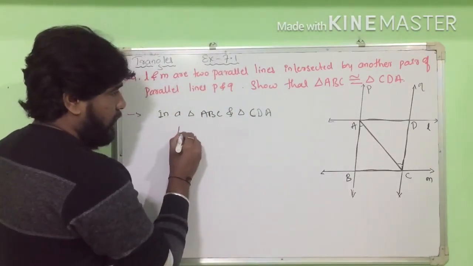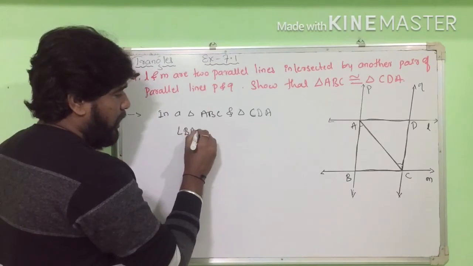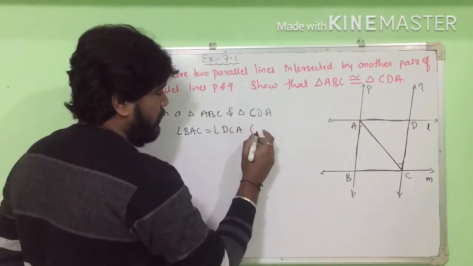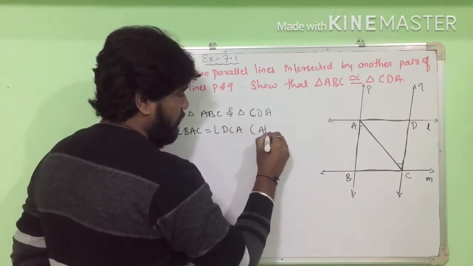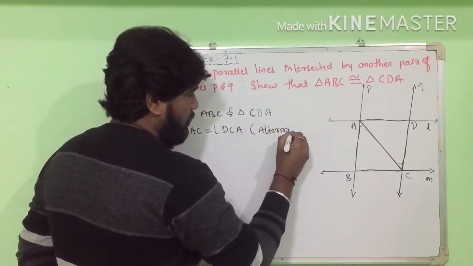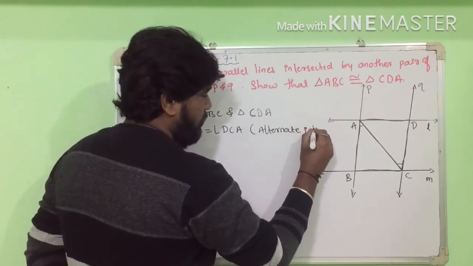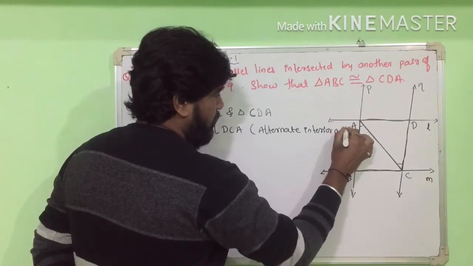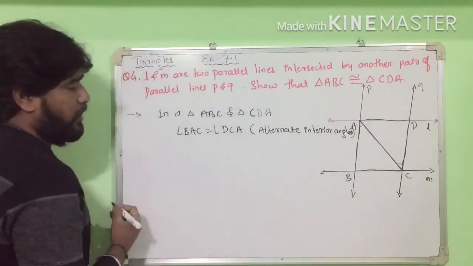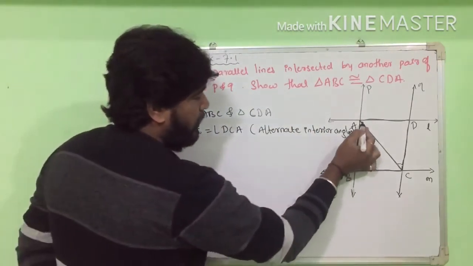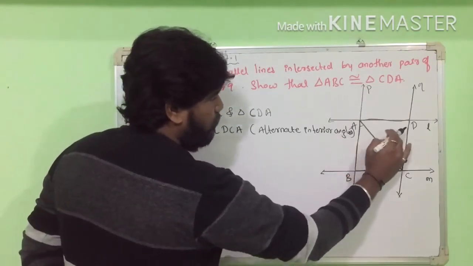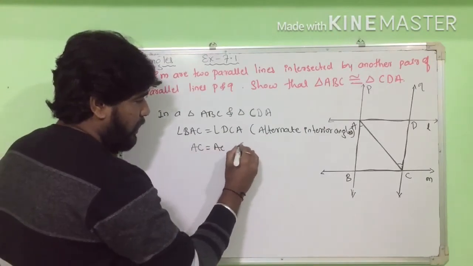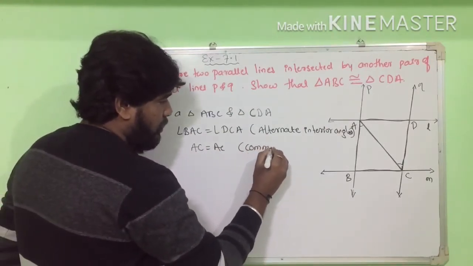So angle BAC is equal to angle DCA, alternate interior angles. And here AC is common to these two triangles. So AC is equal to AC, common side.